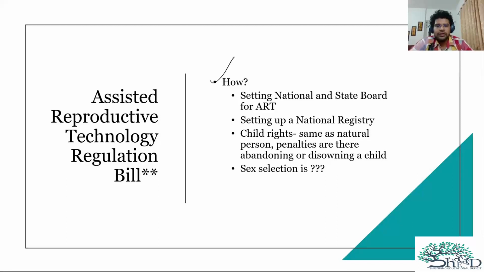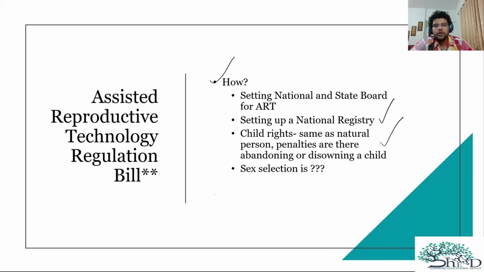Now, how will it do things? It will set up a national and state board which will regulate, monitor, and implement rules. It will set up a national registry of the clinics. It will enforce child rights, and the child will be given the same rights as a natural person, right? It will also advise, whom? The Government of India.